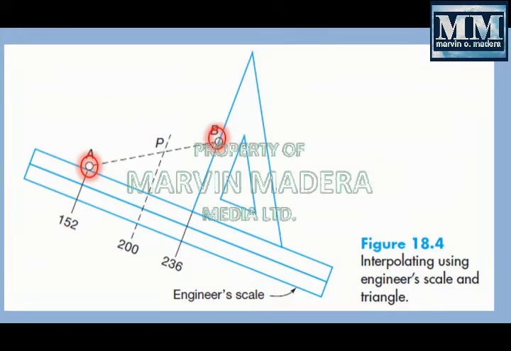Then you can get the location of your P, which is the contour to be found, in relation to the engineer scale. If the engineer scale is pointing at 200, you just project that 200 using the triangle to the appropriate location. So put the triangle on the 200 and you can get the location of your P, where P is the point where your contour will go.